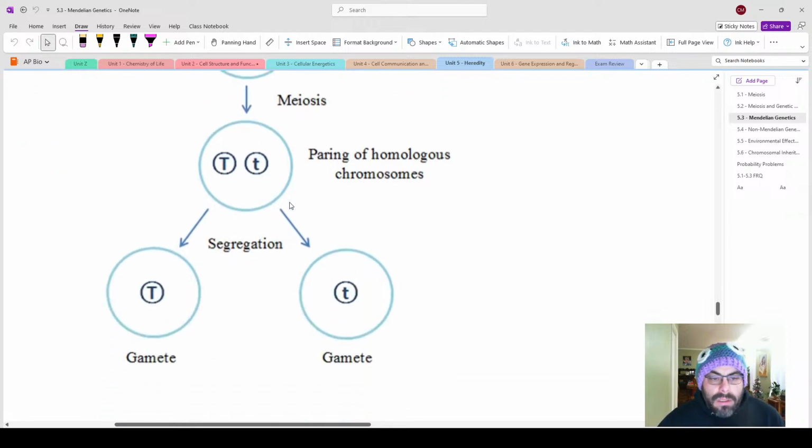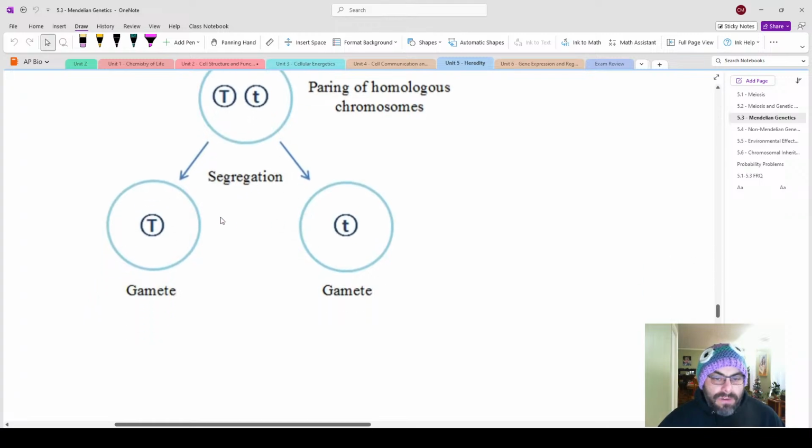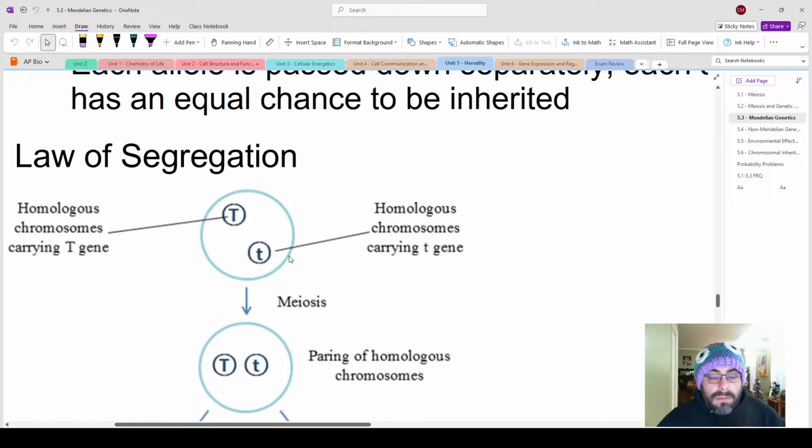Why? Because they separate during meiosis, right? Homologous pairs separate, big T separates from little t, and so there's a 50-50 chance that they'll give either a big T or a little t. If they didn't separate, then you would never see the little t; it would always be masked, right?